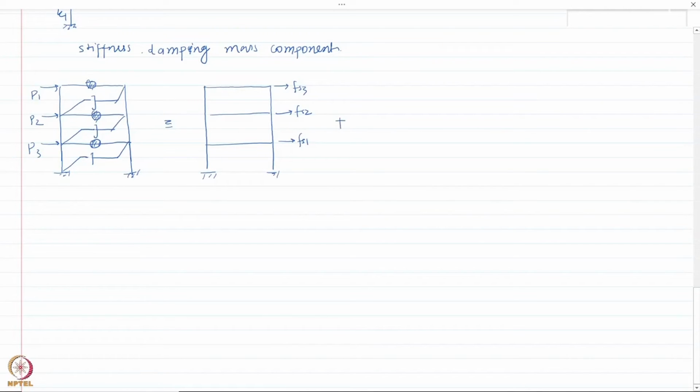In the second one, we are going to consider the damping component. That would only have the damper and no frame or mass. So only the damper would be there. Let me draw with a dashed line here. There is a damper here, which is like this.